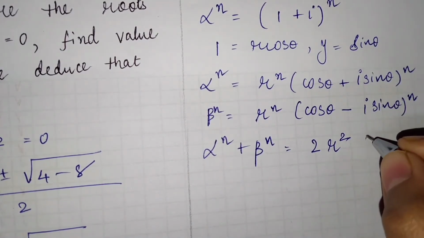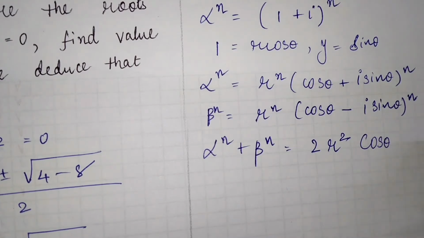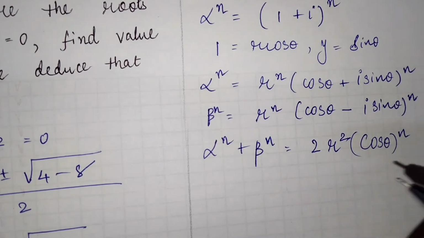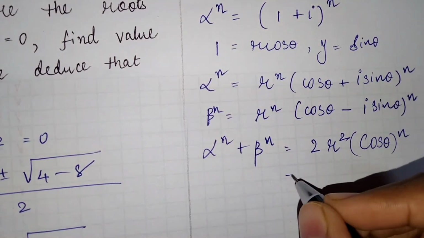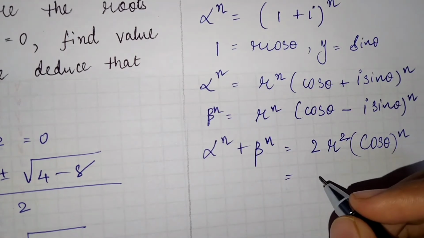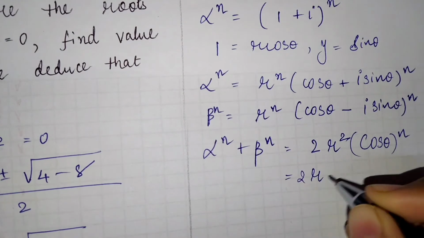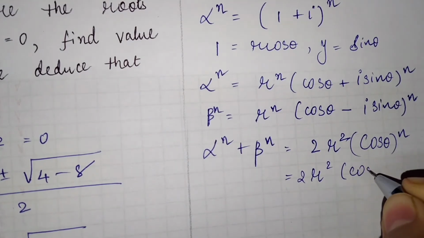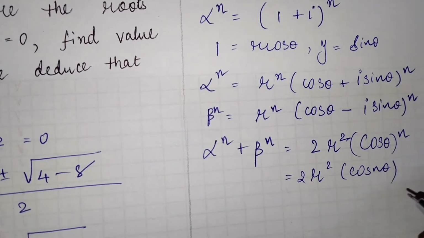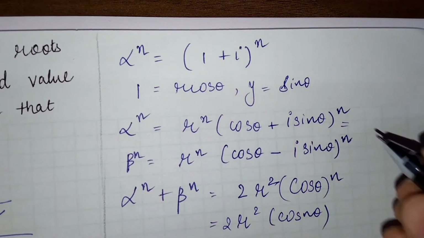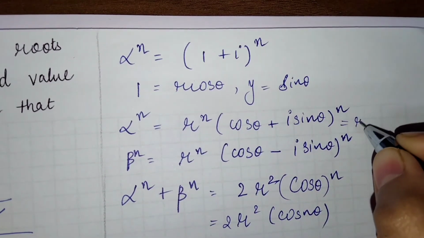So we will get cos theta raised to n, and if we multiply this according to de Moivre's rule, here only you have to apply de Moivre's rule.